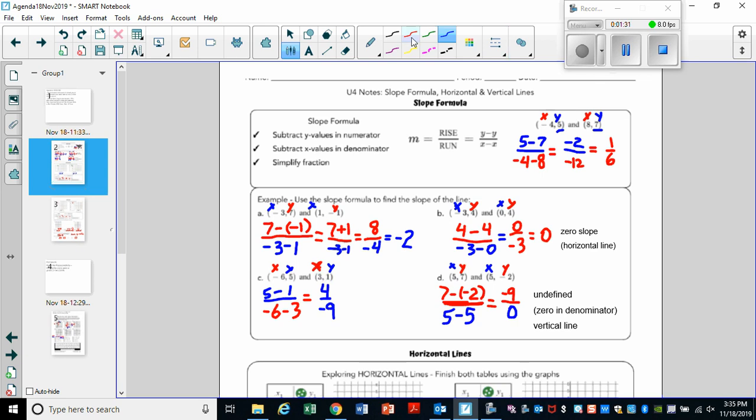And then we divide it by the difference of your x's. So we have -4, so include your negative sign, minus 8. 8 is positive, so we're just replacing the second x value with 8. So then we have -4 minus 8, which is also -4 plus -8. And as a result, you get -12.